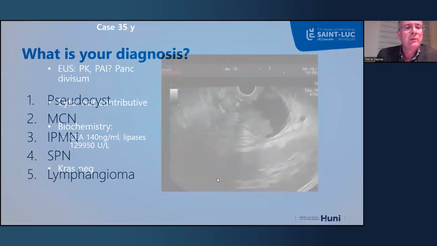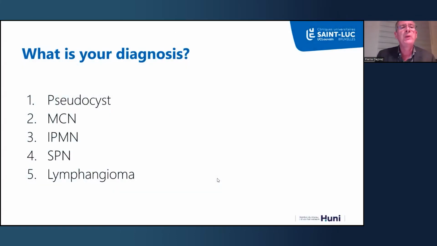So the next slide. What would be your diagnosis now based on biochemistry and on the EUS images? Would you think it's a pseudocyst and then you might go for drainage? Do you think these are compatible with a mucinous lesion or IPMN or a solid pseudopapillary neoplasm or lymphangioma?